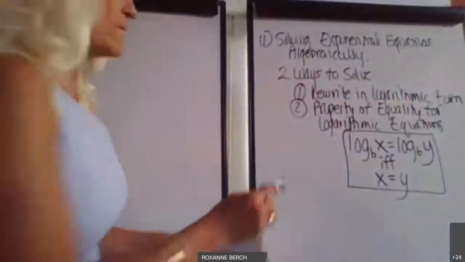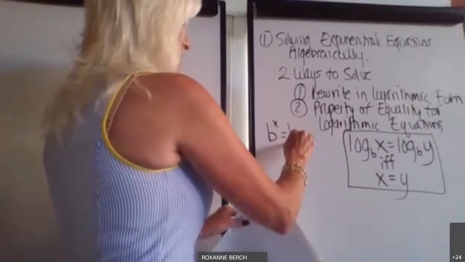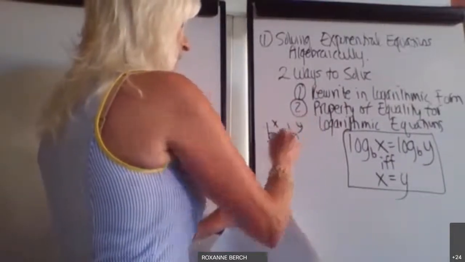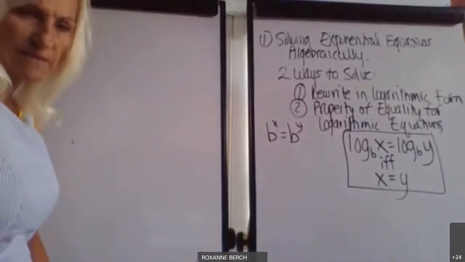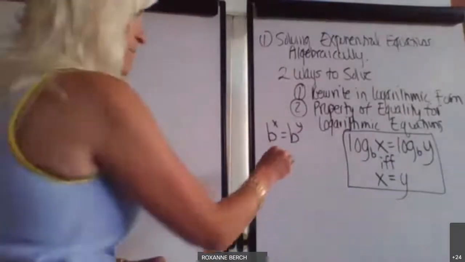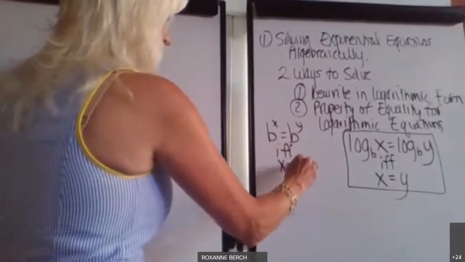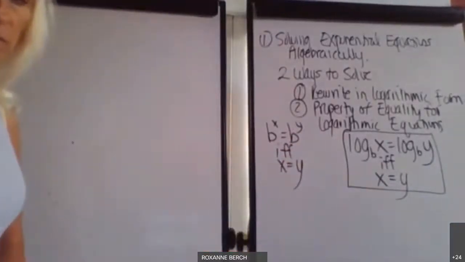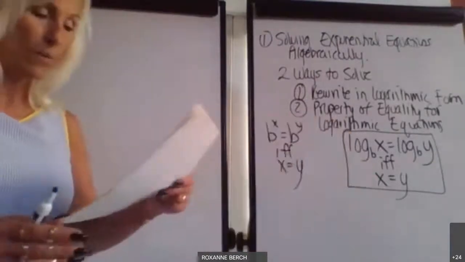Now, the one you saw before was b to the x equals b to the y. And I was saying that if you can get the bases of an exponent to be the same, you can drop them off and say x is equal to y. So that's the one you saw before. So this is the one we're dealing with now.